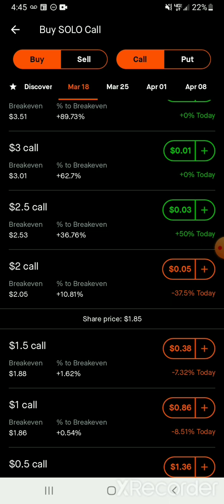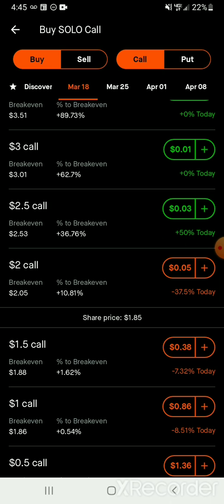Of course, if the stock price climbs to over 205, then there would start to be some inherent value to this contract. And also, there might be some more value from not only the inherent value, but if there's any time left, and if there's a lot of people interested in it, then the price could go up.